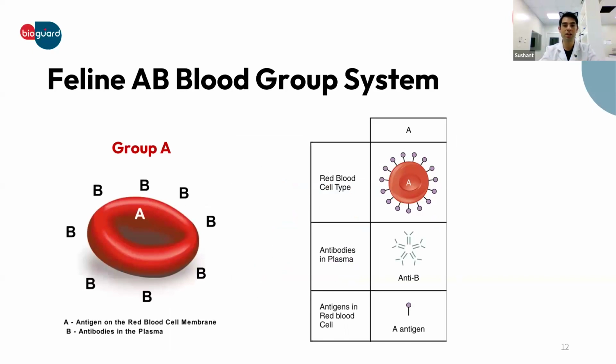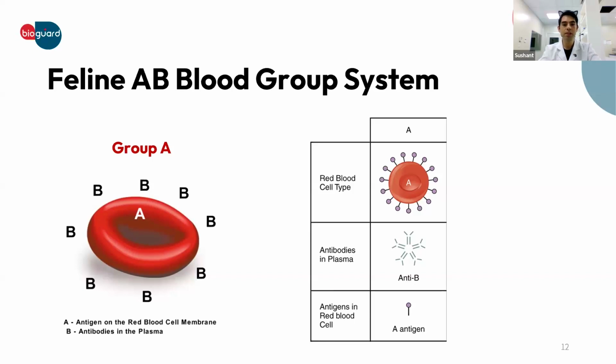That's why the blood group will be A. However, in the plasma, there will be formation of antibodies, which are anti-B. So just to remember, it's easy, it's not that difficult, and very similar to the human blood group system as well.